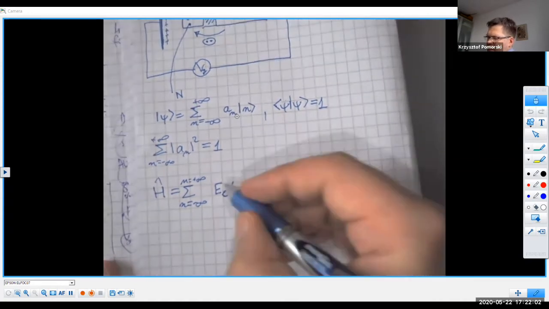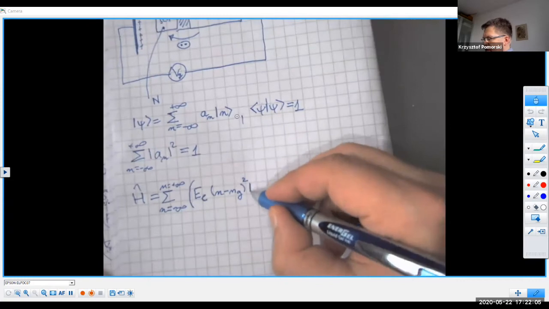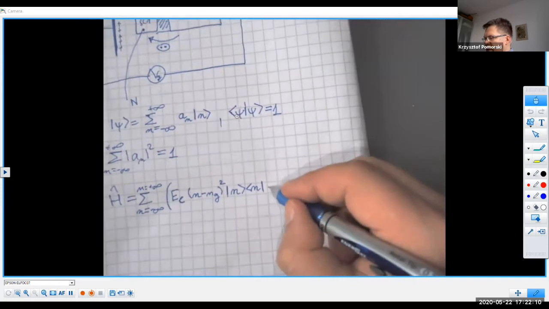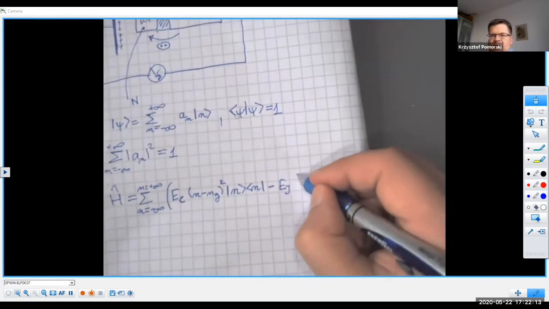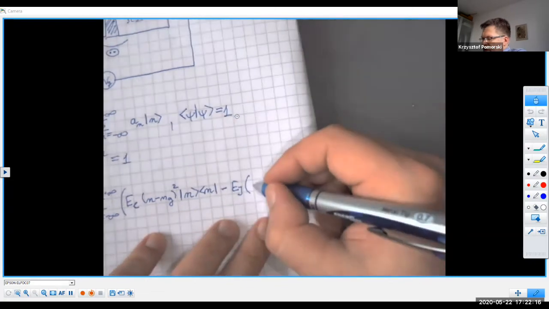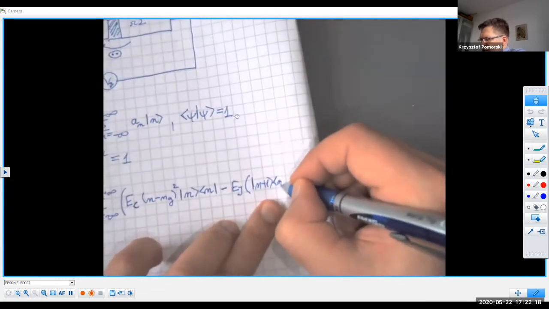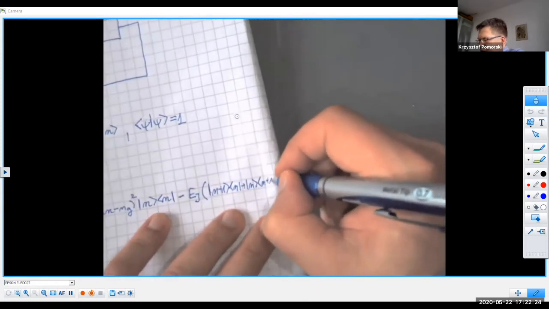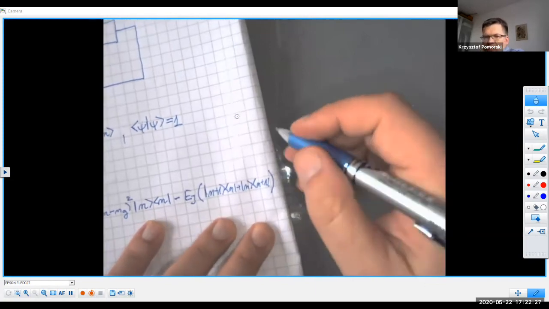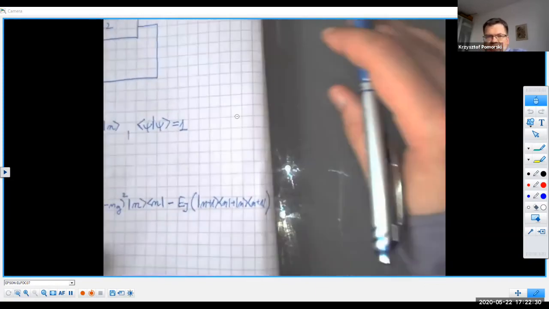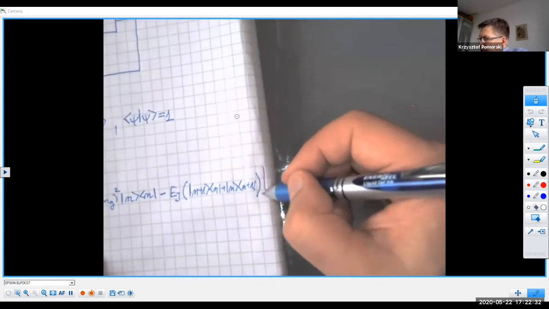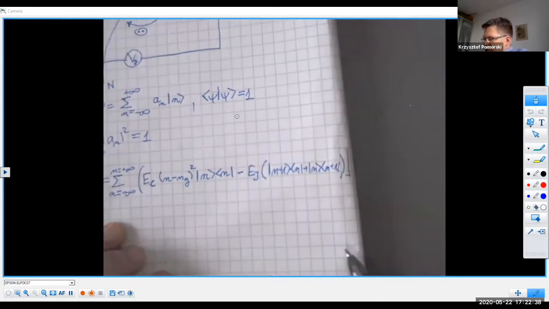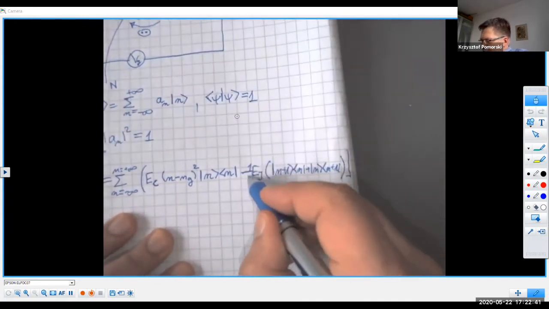And then this will be written in such a way, minus EJ. And now there is this Josephson effect, plus, in that way. So what we can recognize here is that there is exchange of particles. Actually, this is 1/2.